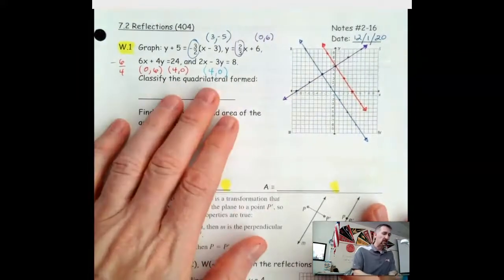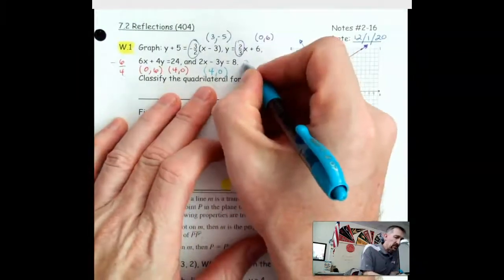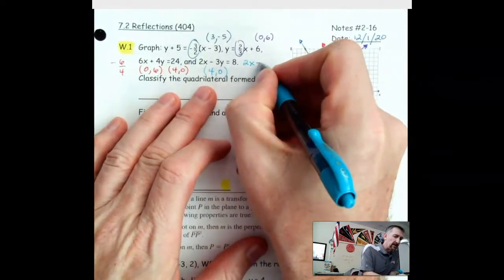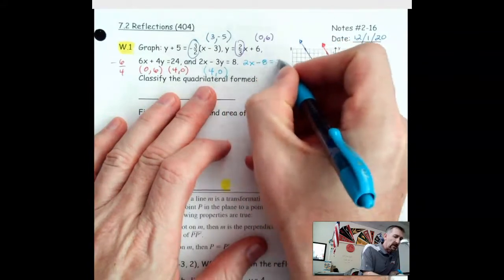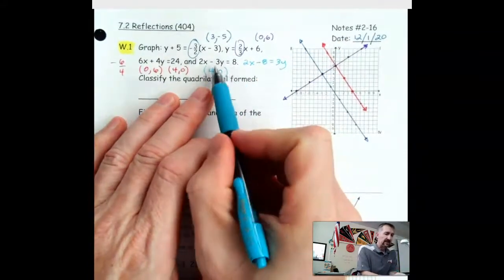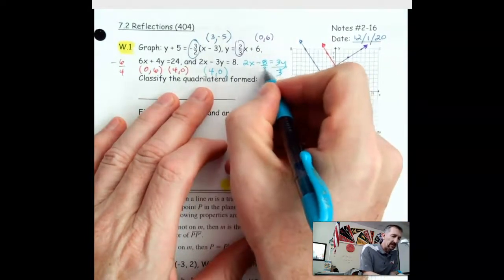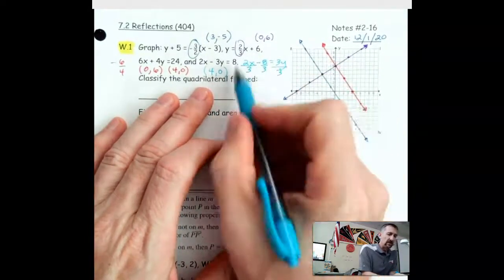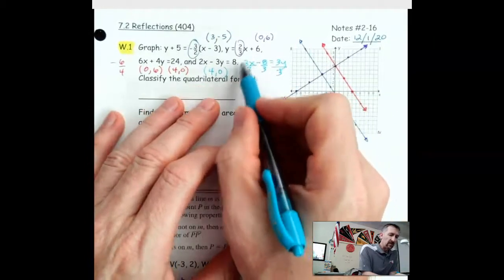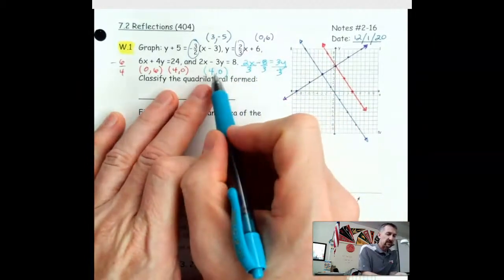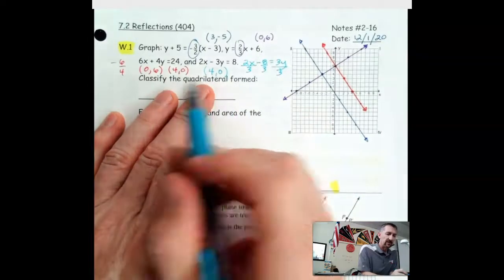That's not very good. So what we can do instead is subtract 8 from both sides and add 3y to both sides, and then we can divide by 3. And what we do is we see the slope. The slope is 2/3. So now we can use this point and this slope.